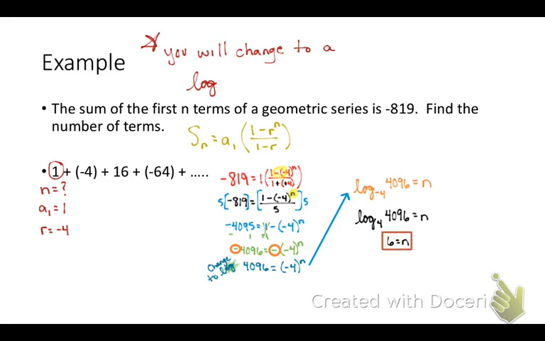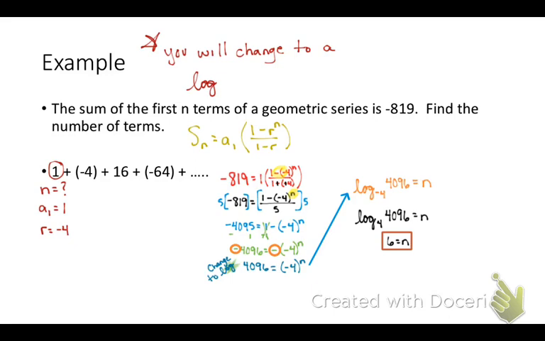If you have a negative base, okay, here's kind of your disclaimer. If you have a negative base and you get a negative number, you just have to kind of know the rules: negative base, odd power, it's going to be a negative number. Negative base, even power, it's going to be a positive number.